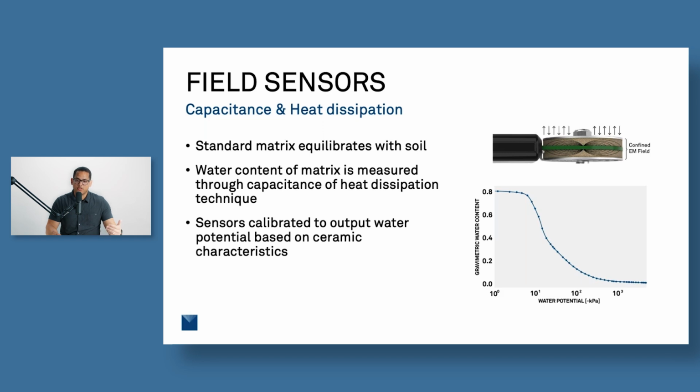And then we can infer the water potential of the soil from the measurement in the ceramic. So typically these sensors are calibrated to output water potential based on the ceramic characteristics. So you're not actually looking at that water content measurement. You're actually looking at a calibrated output in most cases for these sensors that tells us what the water potential is. And again, these are those indirect methods.